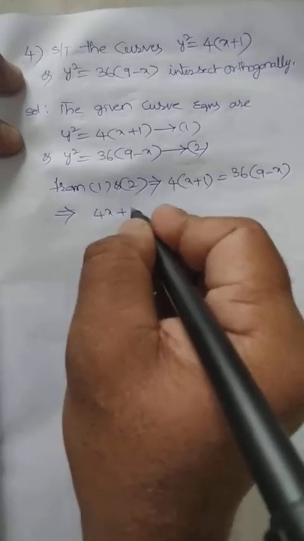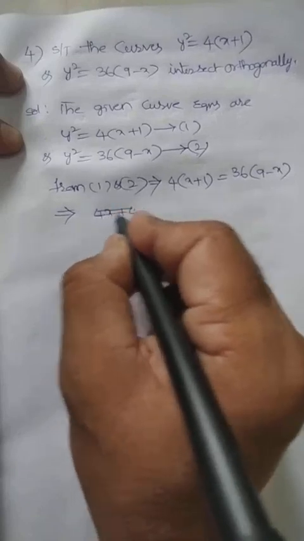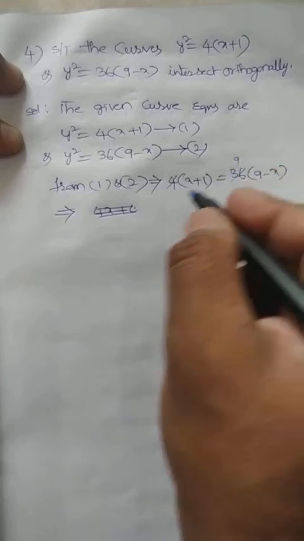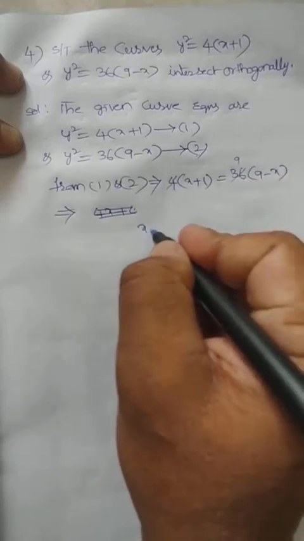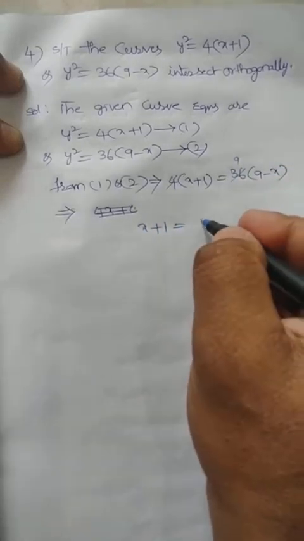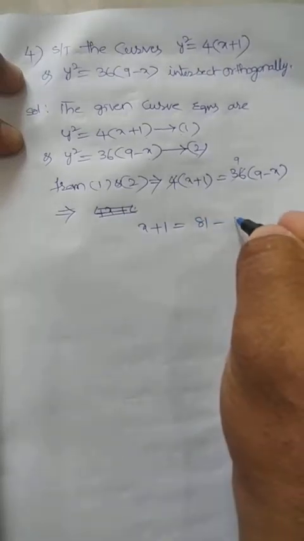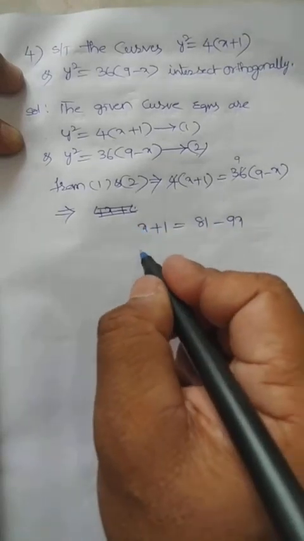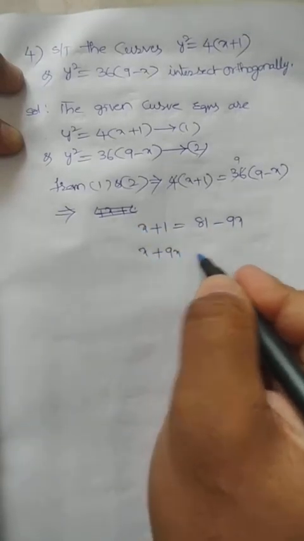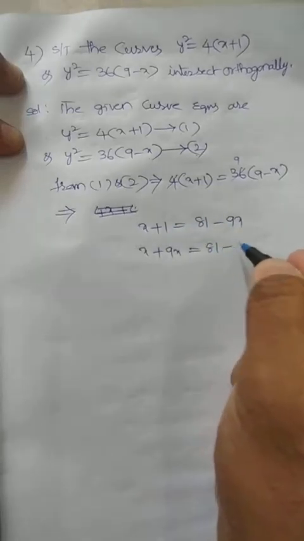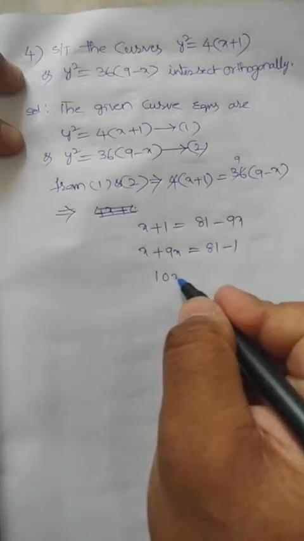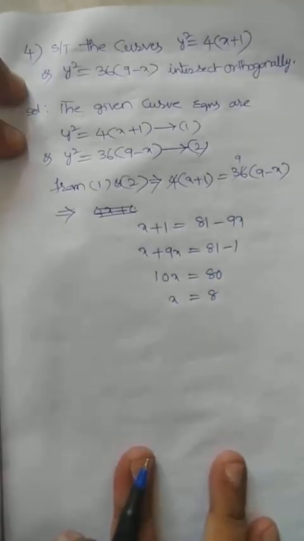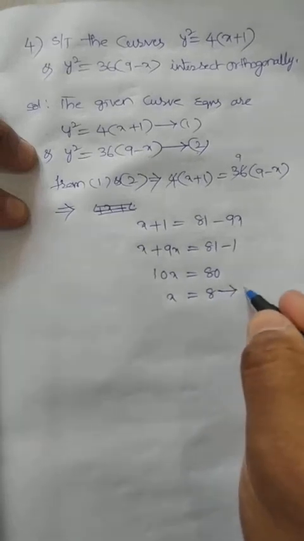Before that I can cancel this 4 with this 36. 4 ones are 4, 9 nines are 81, so x plus 1 is equal to 81 minus 9x. So 9x comes to this side, x plus 9x, and 1 goes to this side, 81 minus 1. So 10x is equal to 80. So x is equal to 8. This is equation number 3.